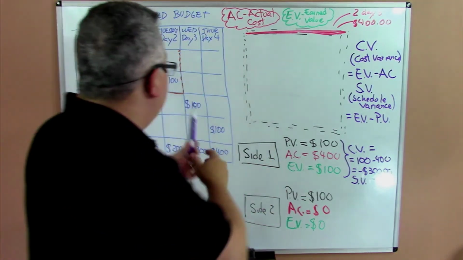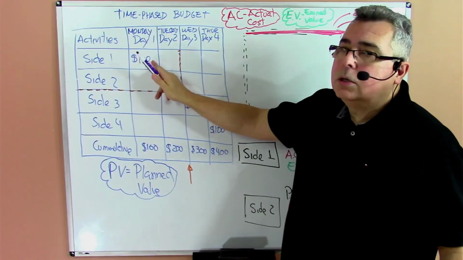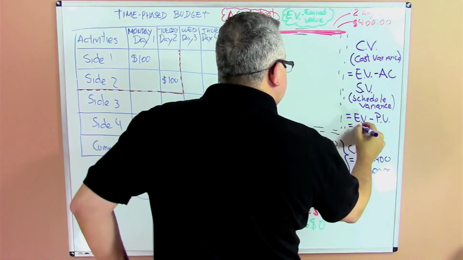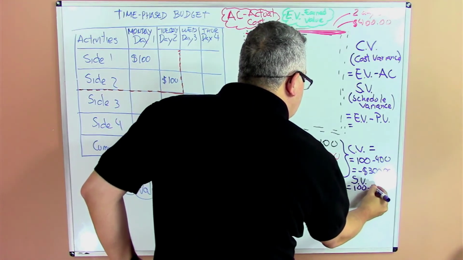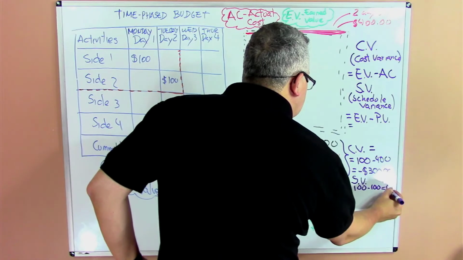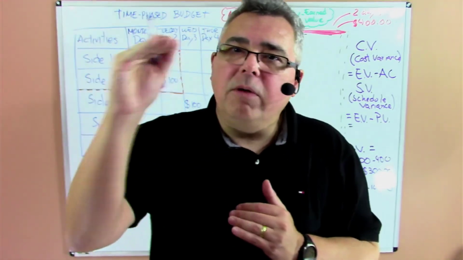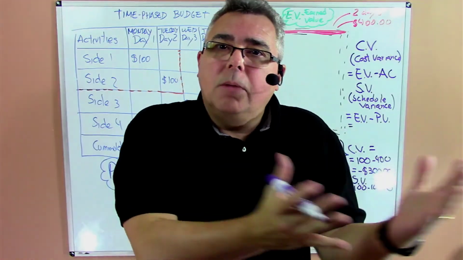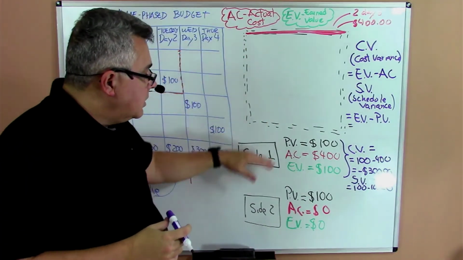Up to day 2, for side 1, I was supposed to earn $100. And actually, I earned $100. So the schedule variance would be 100 minus 100, which means 0 schedule variance. In terms of side 1 of the fence, I'm okay. I have completed the job as I was supposed to do. So that's for side 1.